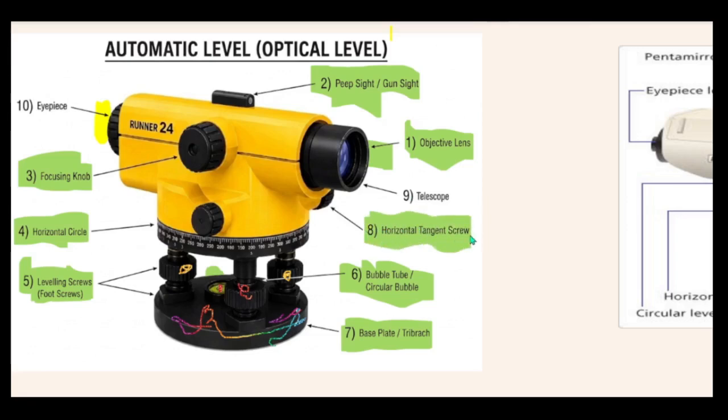Okay, so now the next one we're going to be looking at is number 8, the horizontal tangent screw. Now the horizontal tangent screw in this case is this particular screw. If you check this part, this one too, this screw and this other screw should also be the horizontal tangent screw.